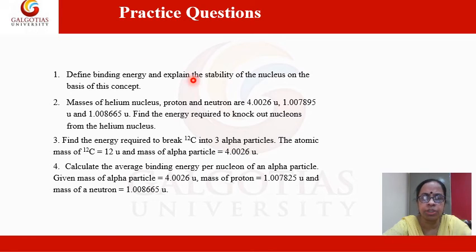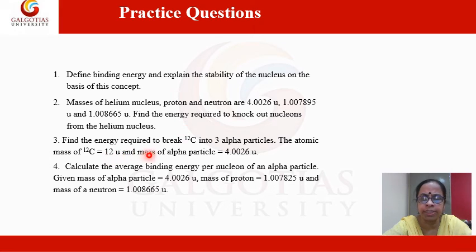There are some practice questions. First question, define binding energy. Explain stability of nucleus on the basis of this concept. Second is a numerical. Masses of helium nucleus, proton and neutron are given. Find the energy required to knock out nucleons from the helium nucleus.